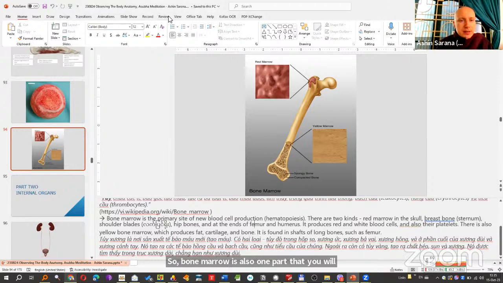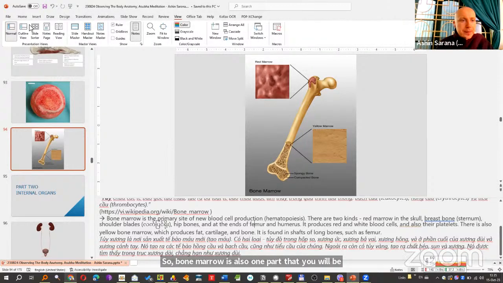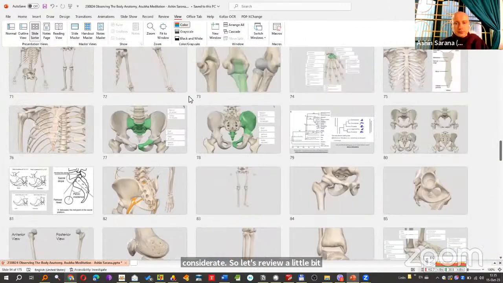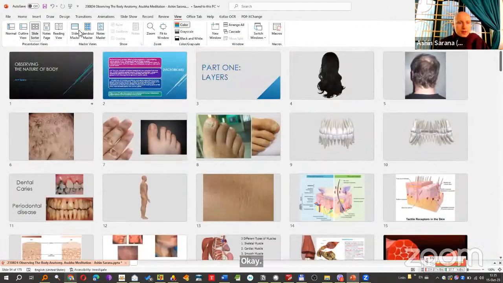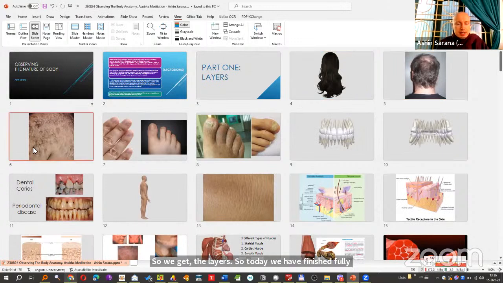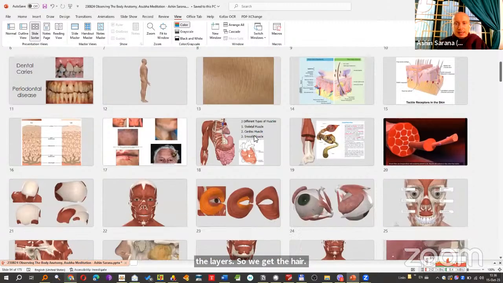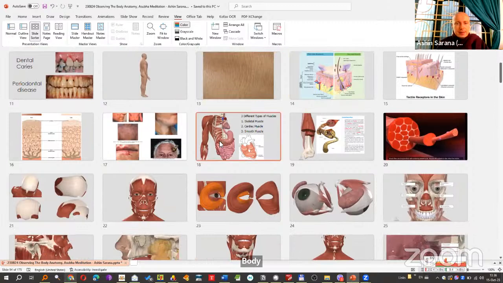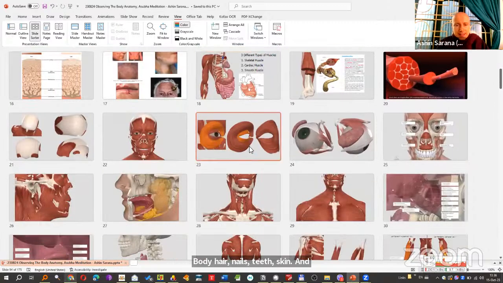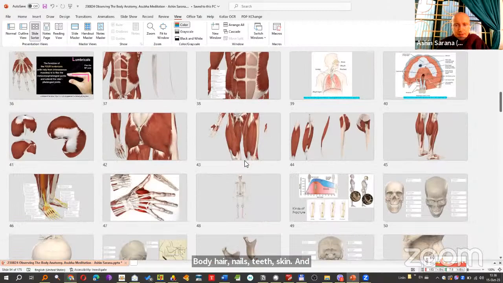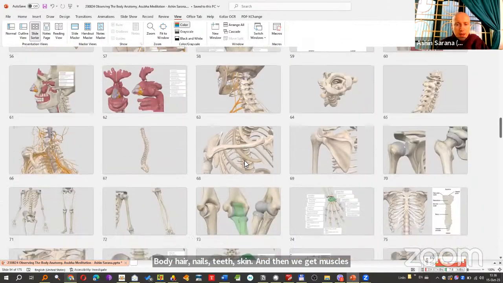So let's review a little bit. So we get the layers. So today we have finished fully the layers. So we get the hair, body hair, nails, teeth, skin, and then we get muscles and sinews, and then we get bone and bone marrow.